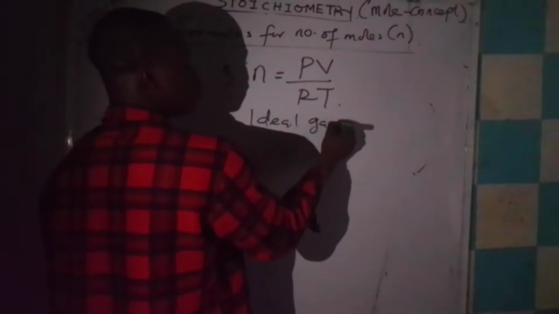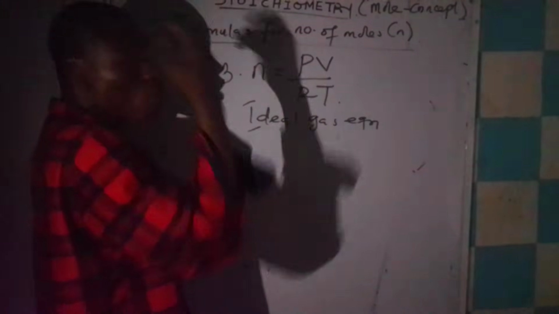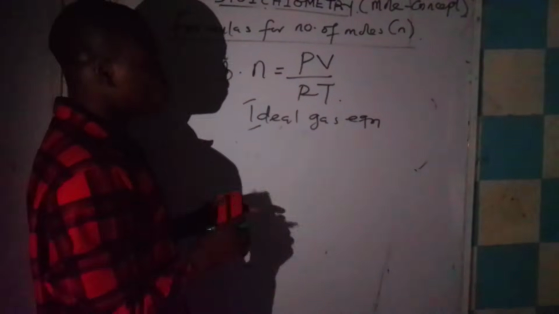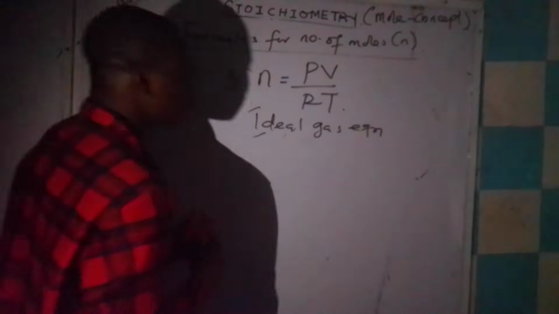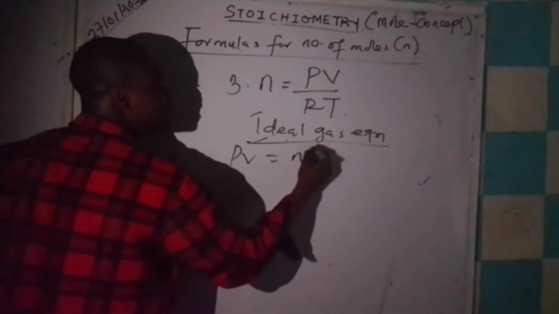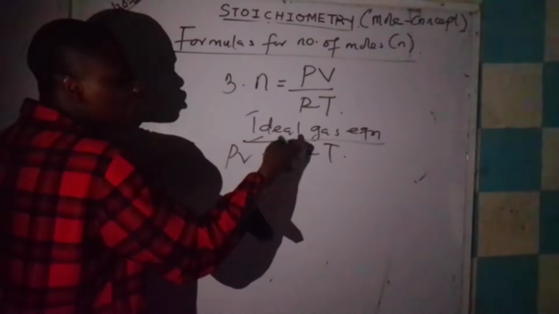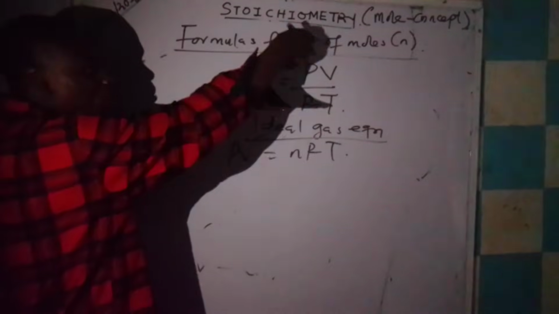The ideal gas equation is PV equals nRT. So if you make n the subject of the formula, you will have PV over RT. Where n is number of moles.